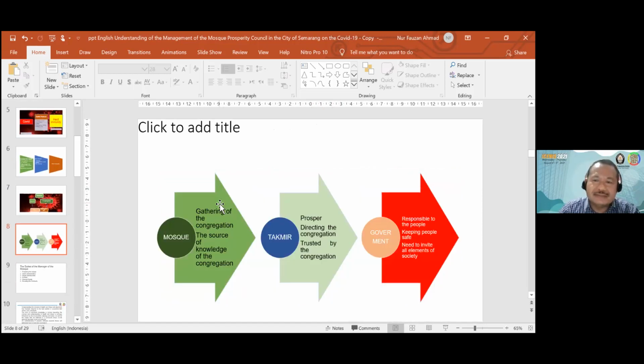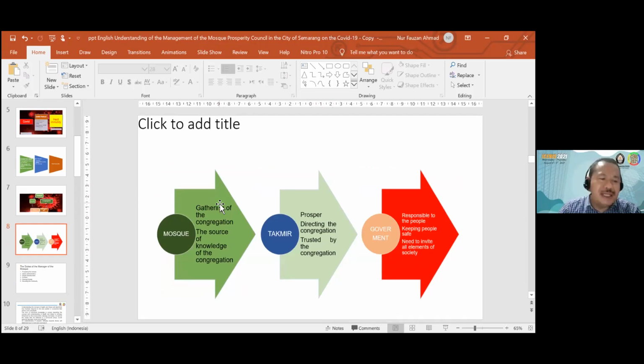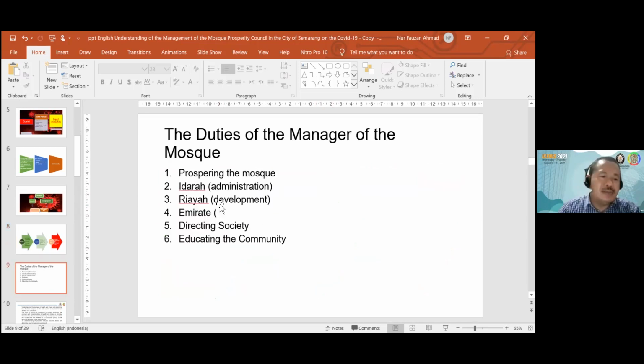The duties of the manager in the mosque are prospering the mosque: idarah, about administration; riayah, about development; and emirate, direction of society and education of the community. Understanding the concept of health and illness will determine how humans respond to the symptoms that arise in individuals.